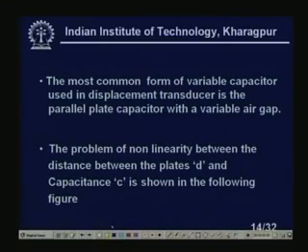We have seen that C equal to epsilon naught epsilon r A by D, right.